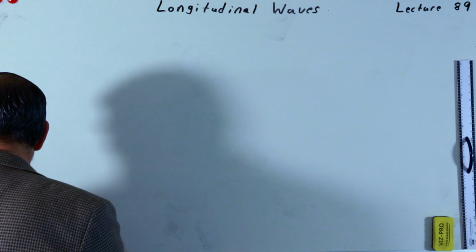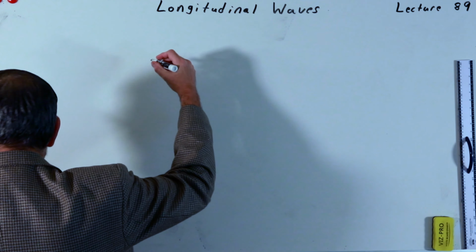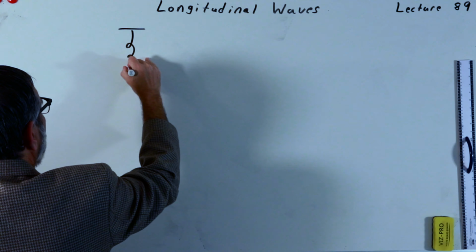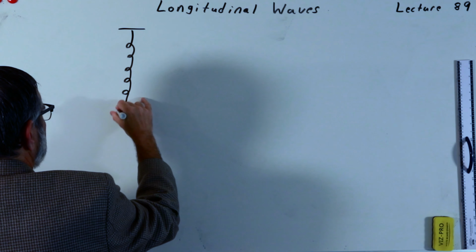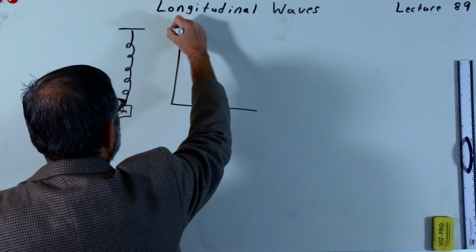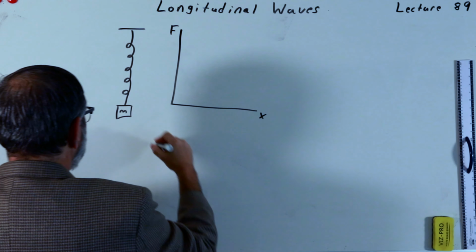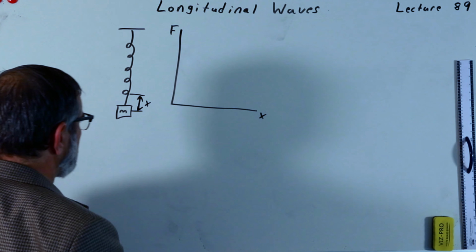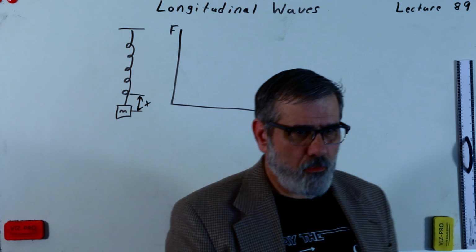But where I want to start is with just a quick review of oscillators and springs. Imagine a mass on a spring like this. Recall that we can talk about this in terms of the force and the displacement, where this displacement, we'll call it x, is the deviation from its equilibrium position.